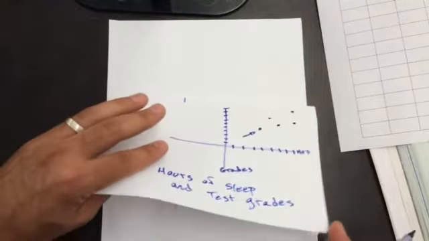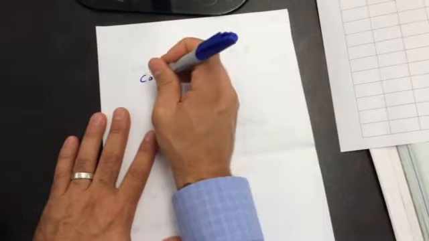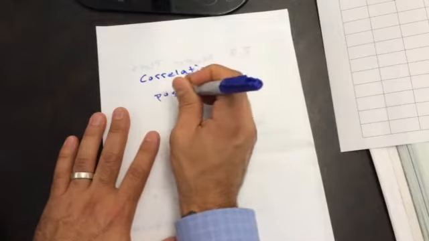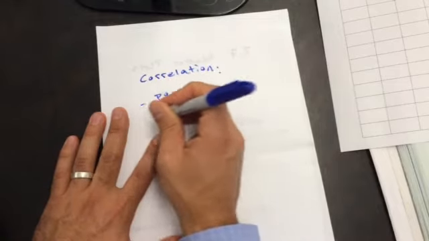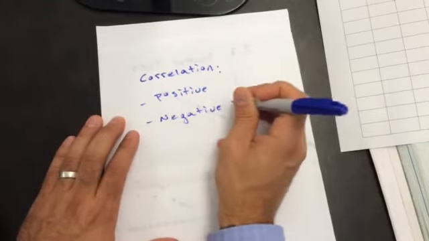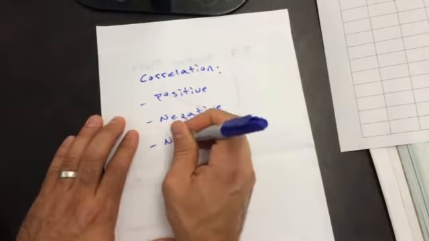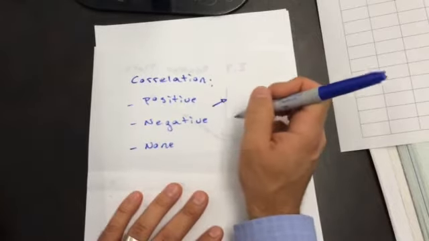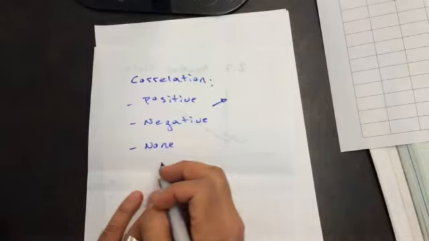So we're going to look at 3 different types of correlation. On these, we want to see if the correlation is positive, negative, or none. So the one that I was just doing, if it looks like it's going up and to the right, we would say that it has a positive correlation.